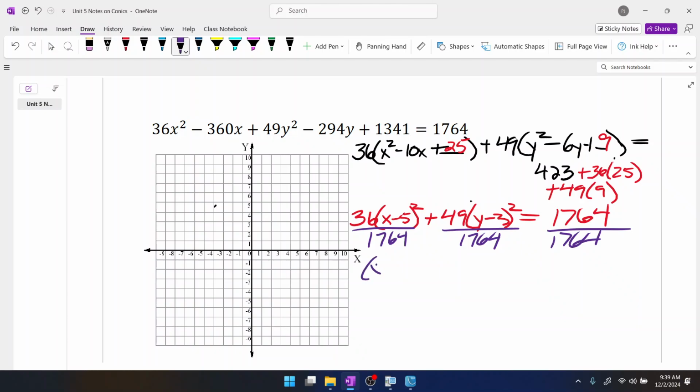And we get x minus 5 quantity squared divided by 49 plus y minus 3 quantity squared divided by 36 equal to 1. So with all that in mind, we're going to be able to figure out the foci and other good things too.